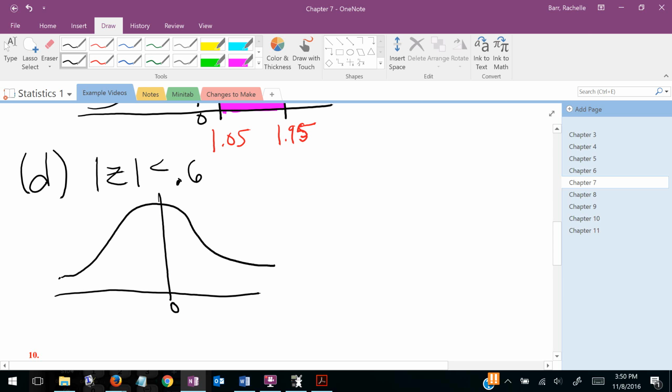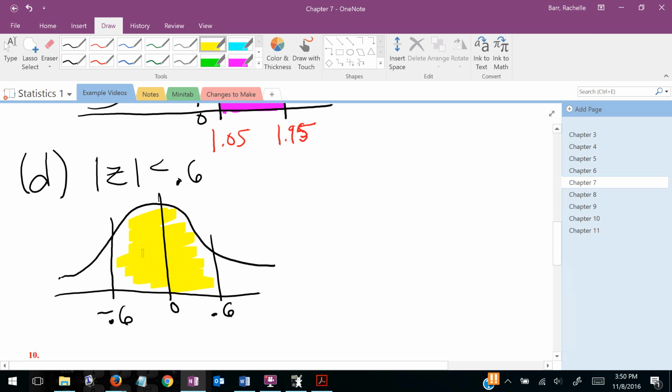And all the stuff that's smaller than 0.6. But I need also all the stuff that when I make it positive, it becomes smaller than 0.6. So like negative 0.5 would be there, and so would negative 0.1 and negative 0.3 and negative 0.2. All would be in there, but like negative 0.7 wouldn't be because when you make it positive, it would be bigger than 0.6. So it's all the way up to and including negative 0.6. So that's the area we're interested in this time.